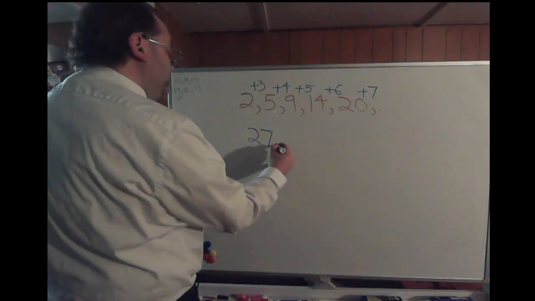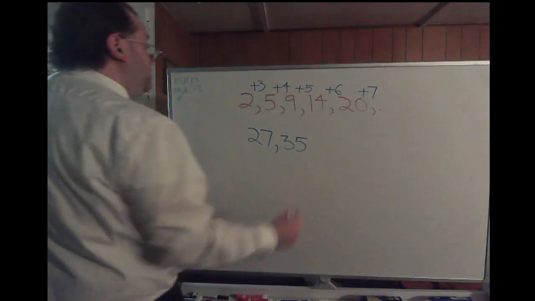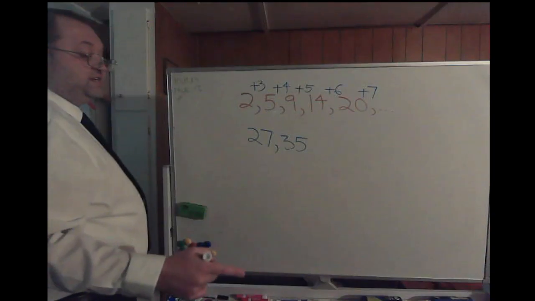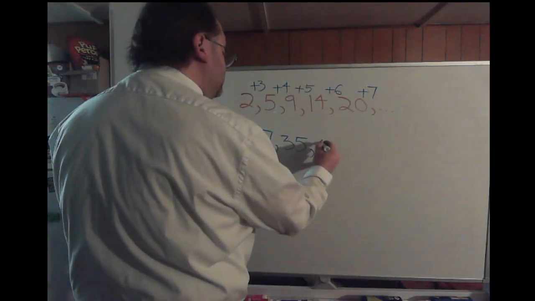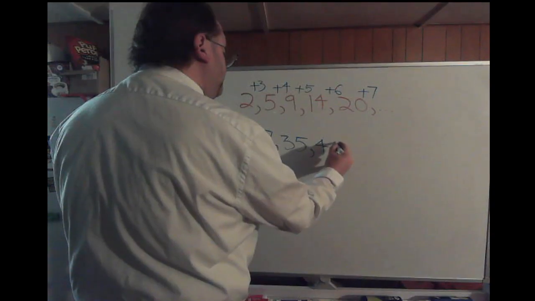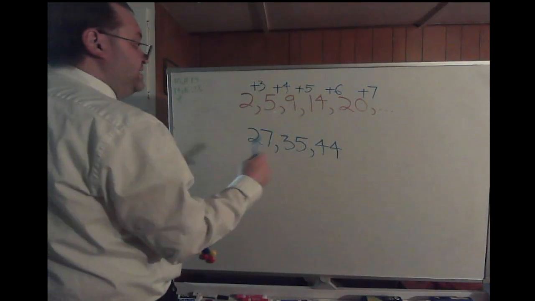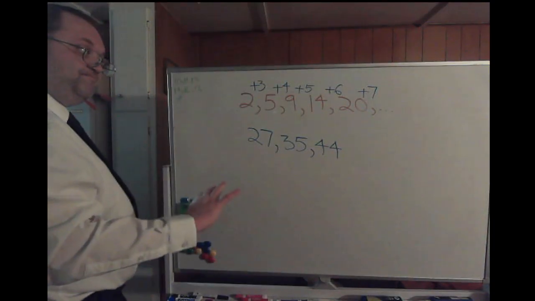So 27 plus 8 is 35. Well, we still have a third term to find. It looks like to find the third term, you have to add 9 to this one. So 35 plus 9 is 44. So based on the pattern here, the next 3 numbers would be 27, 35, and 44.